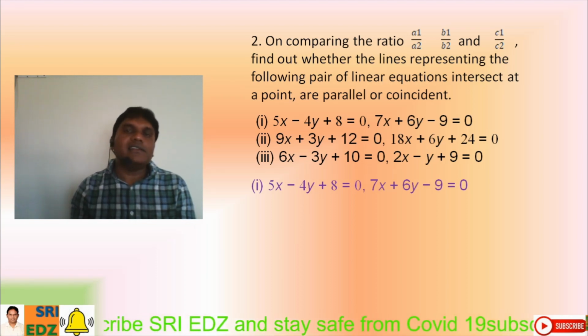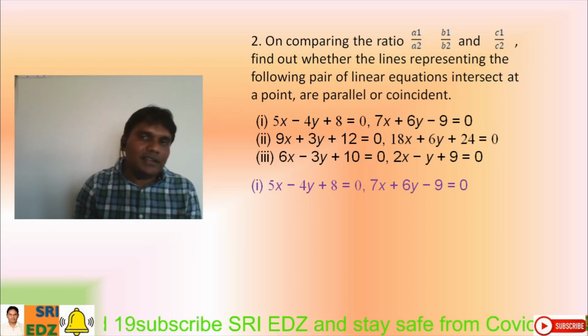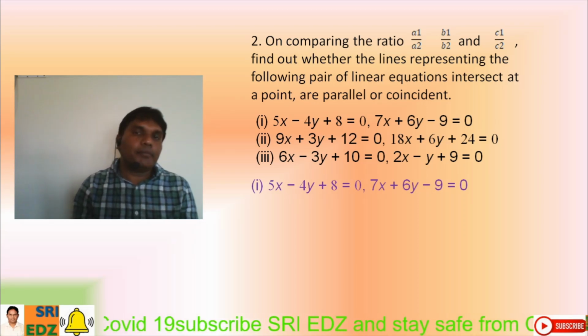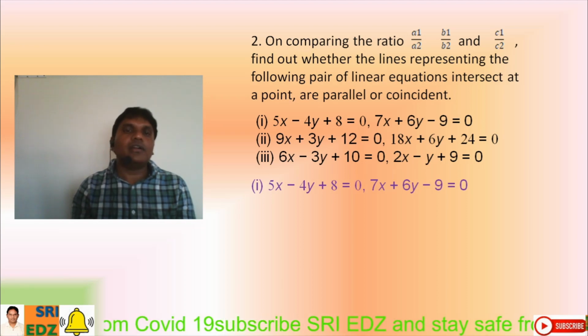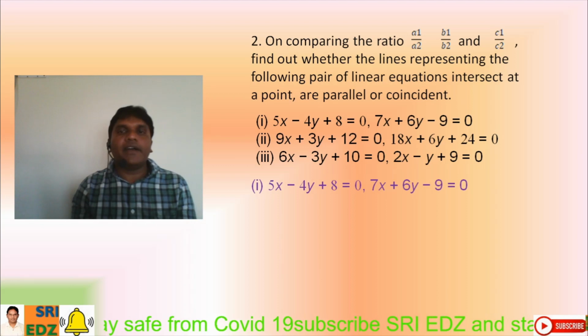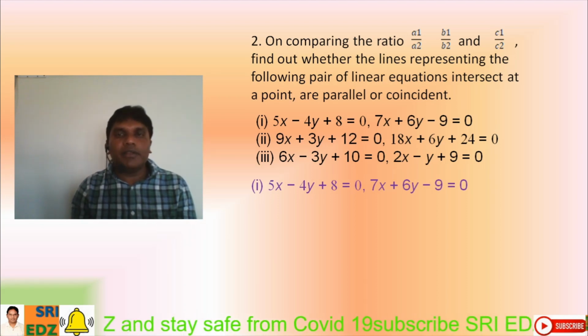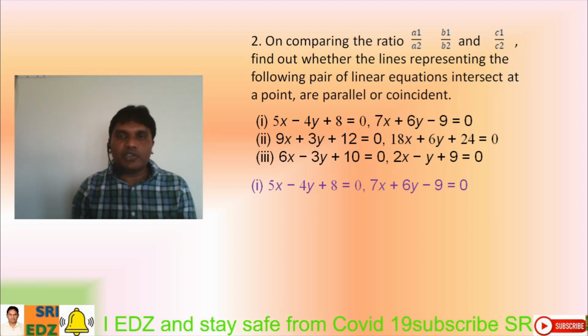Here we have three conditions. First condition is, are they intersecting, or are they parallel to each other, or do they coincide. That we have to determine by taking a1 by a2, b1 by b2 and c1 by c2 values.